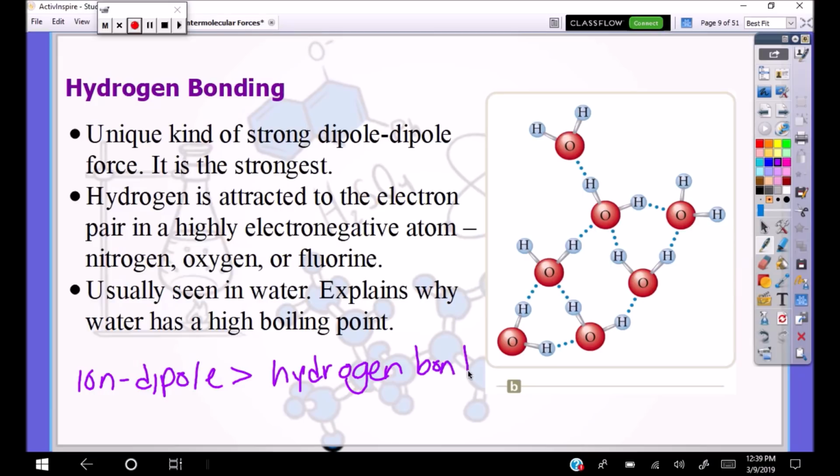Hydrogen bonding, and then after hydrogen bonding, we just got regular dipole. All right. So hydrogen here is attracted to the nitrogen, oxygen, or fluorine of a neighboring molecule.